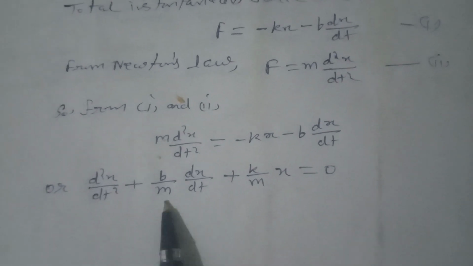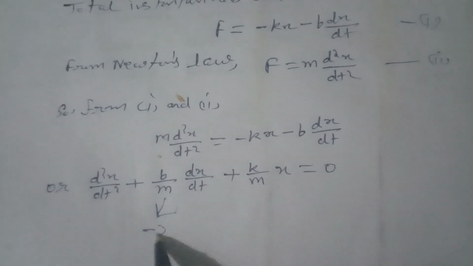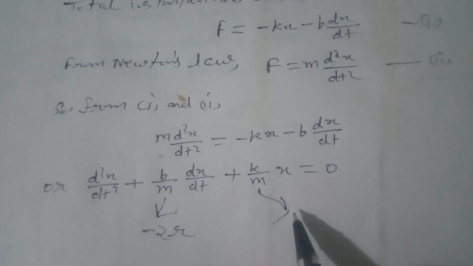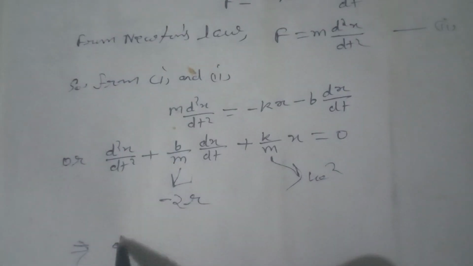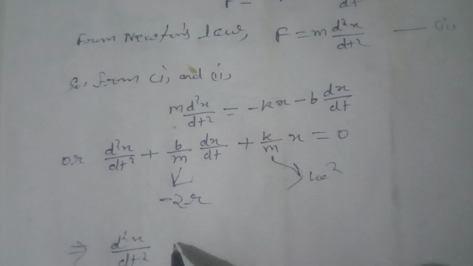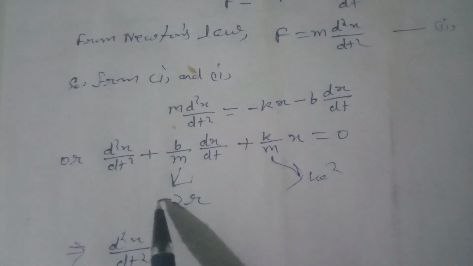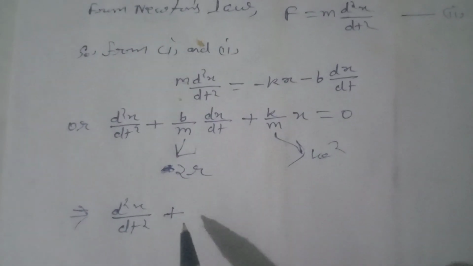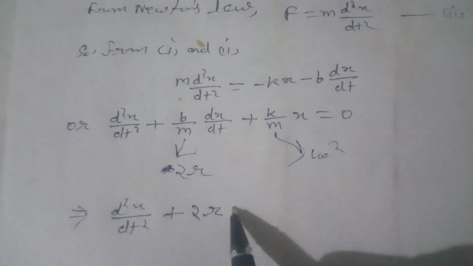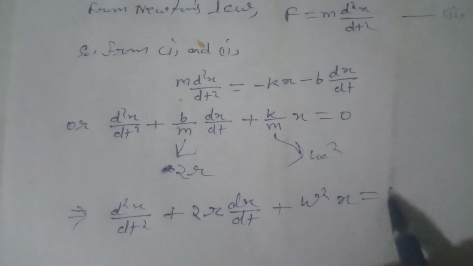Again, if we take b by m as 2r and k by m as omega square, this equation will be d2x by dt square plus 2r dx by dt plus omega square x equals 0.